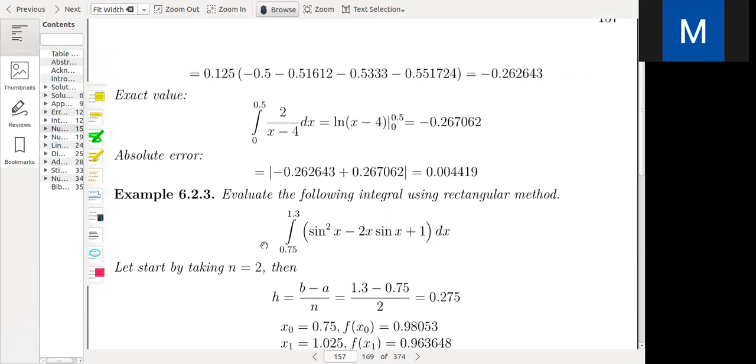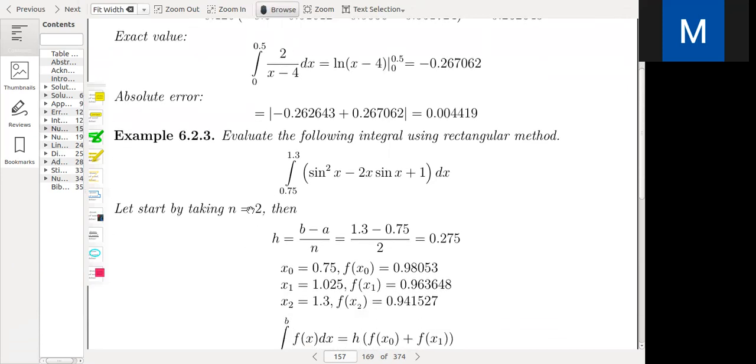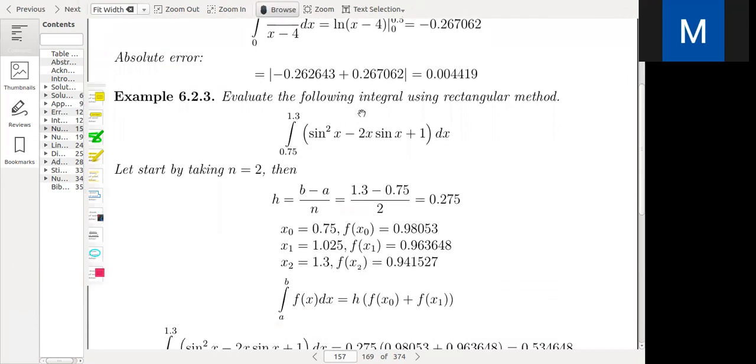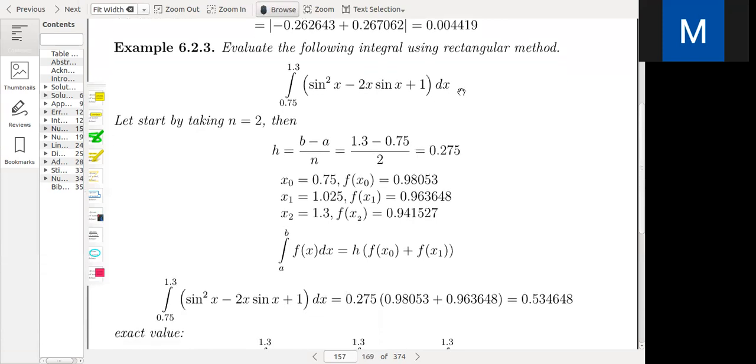Similarly, we can have another example. Evaluate the following integral using the rectangular method: from 0.75 to 1.3 of sine square x minus 2x sine x plus 1. For n equal to 2, the step size is 0.275.